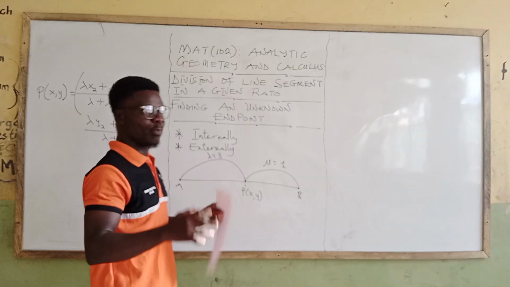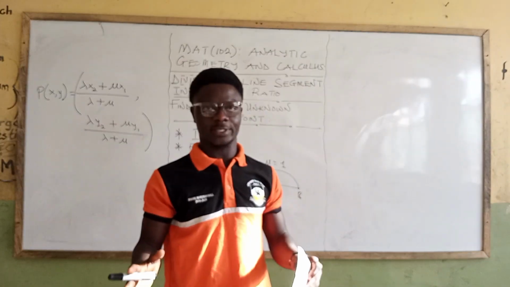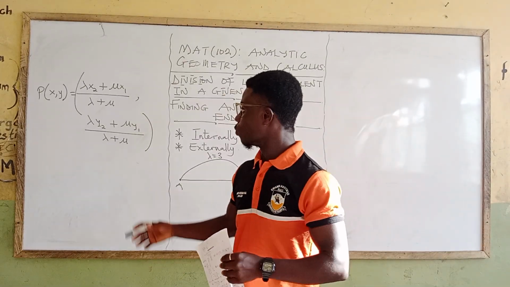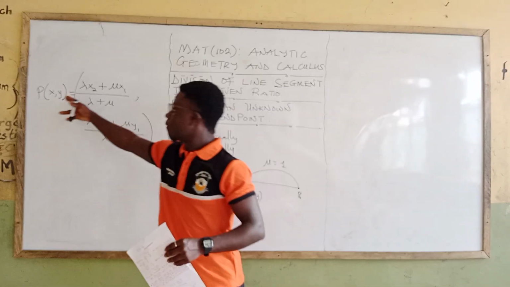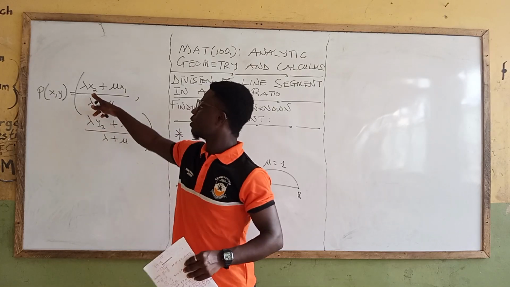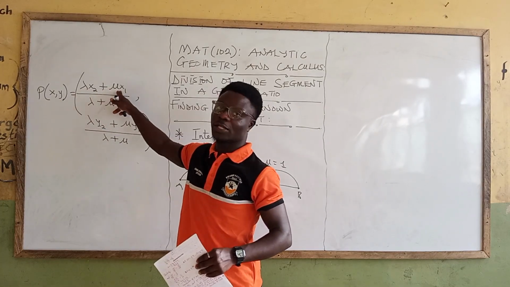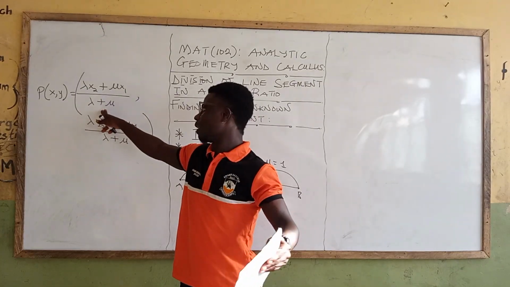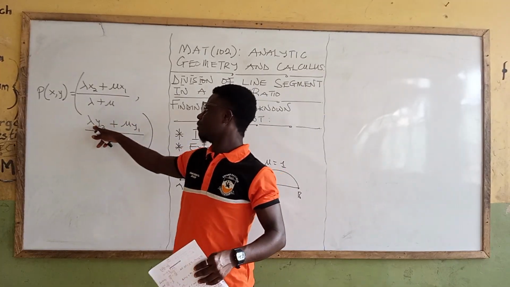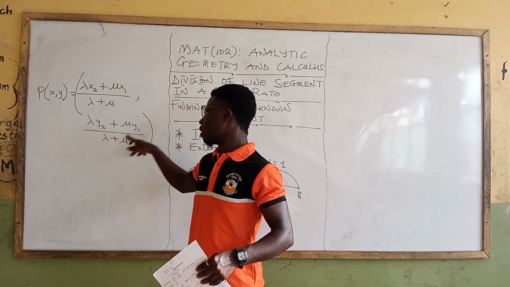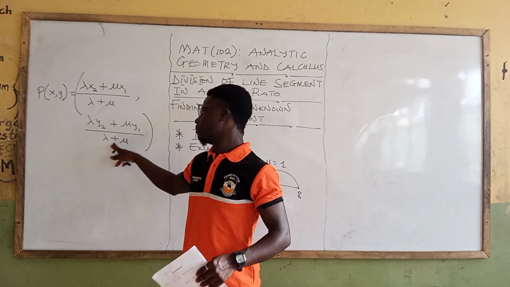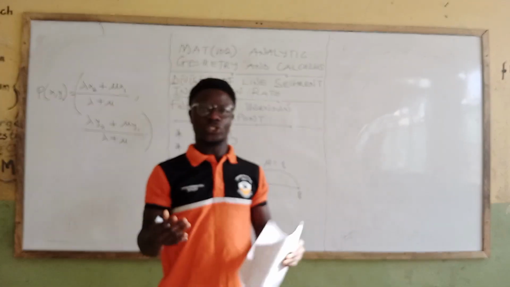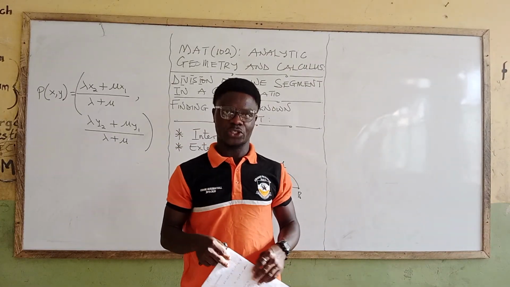Don't forget that points are always expressed in the form (x, y). Lambda and mu are the given ratios.